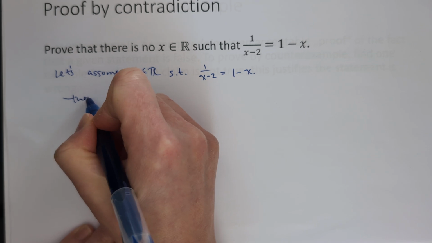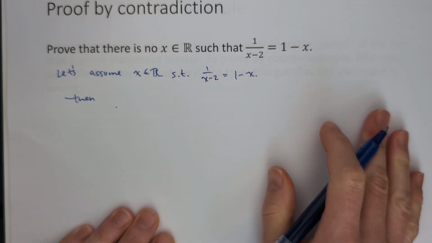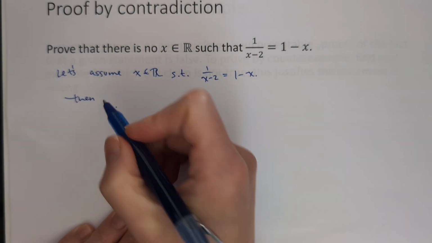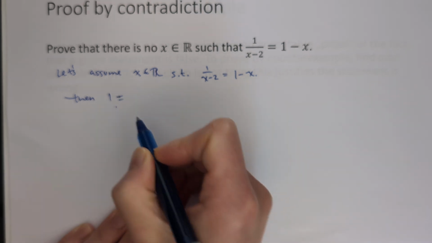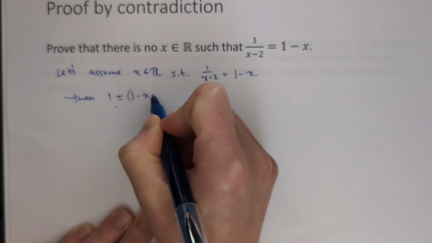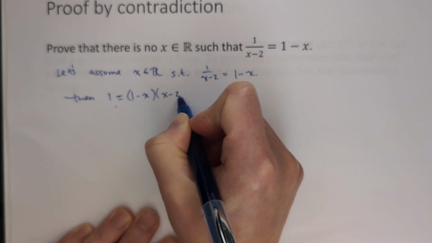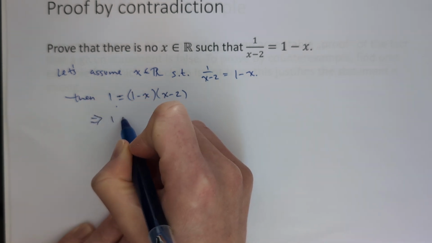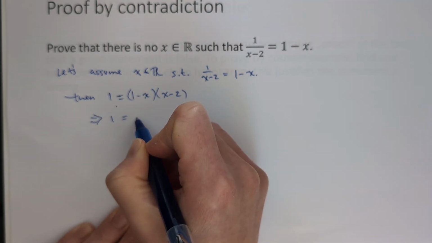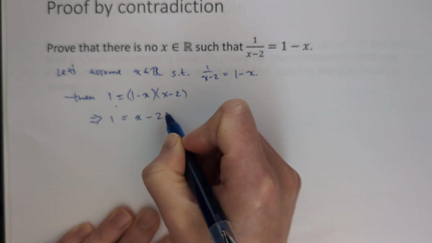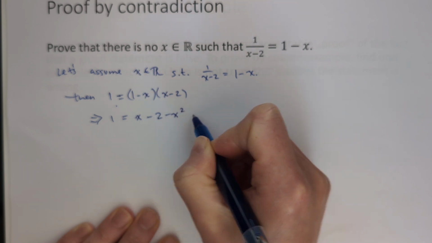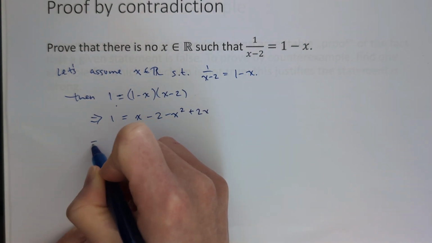So then I'm going to use the laws that I know already in mathematics. I'm going to multiply by x minus 2. 1 equals 1 minus x times x minus 2, which would imply that 1 equals, and I'm just going to factor this out, x minus 2 minus x squared plus 2x.